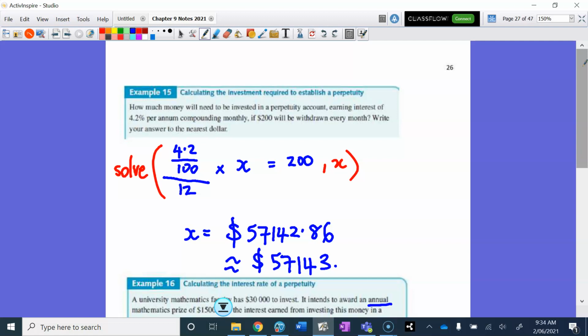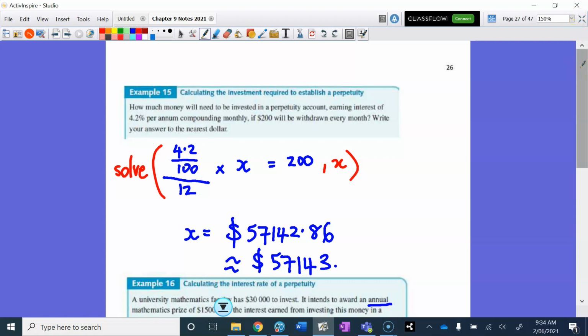Okay, so when you're reading these questions now, because there's so many different types of investments, we need to really be reading every single word of the question and looking for hints as to what sort of investment it is, what I know about that sort of investment, get my notes and have a look, how am I going to solve this one.